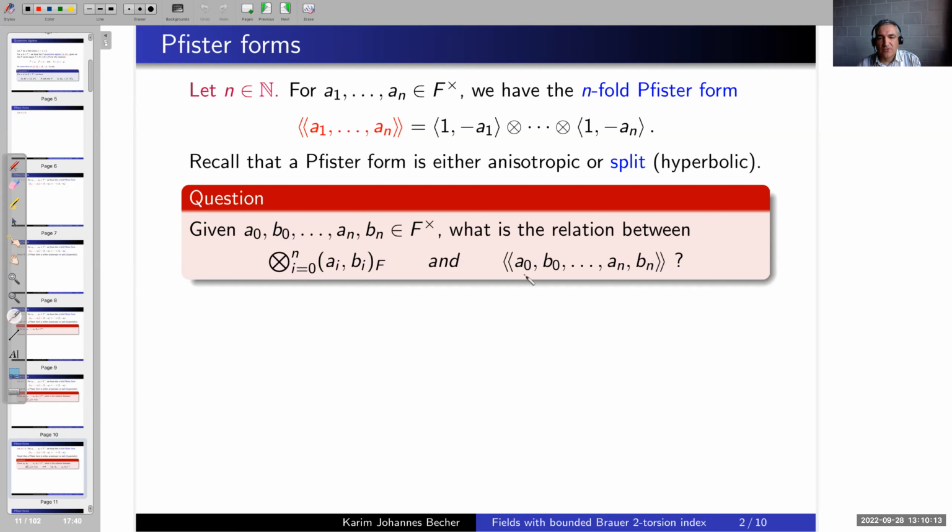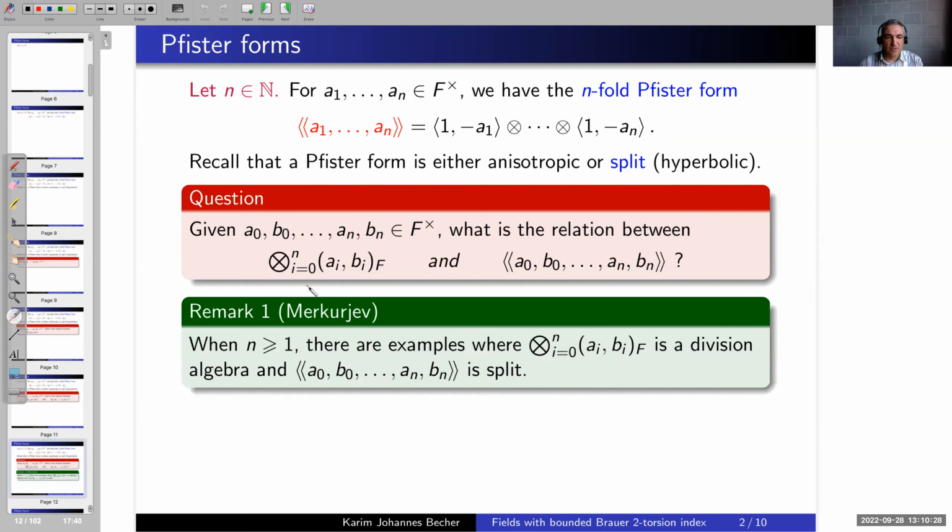You cannot expect to know too much about these quaternion algebras from the Pfister form, because the Pfister forms might just all be the hyperbolic form, and nonetheless you have non-trivial tensor products of quaternion algebras. That is quite related to Merkurjev's u-invariant construction.